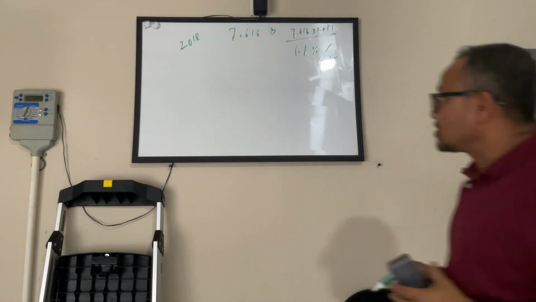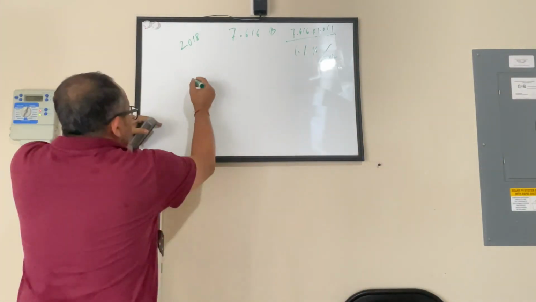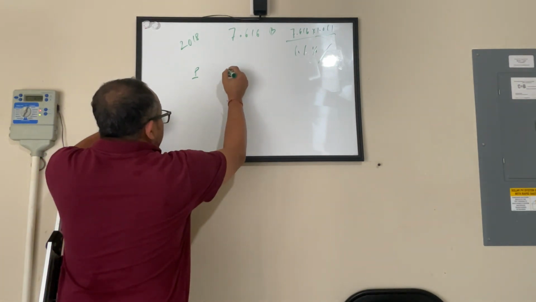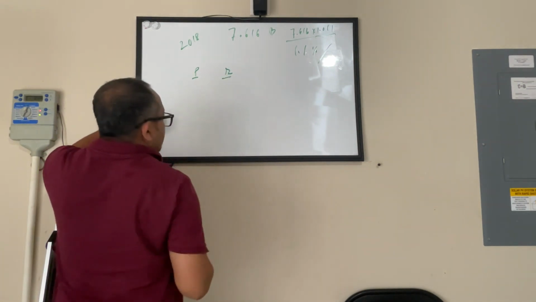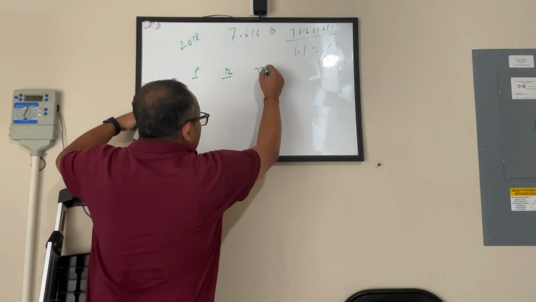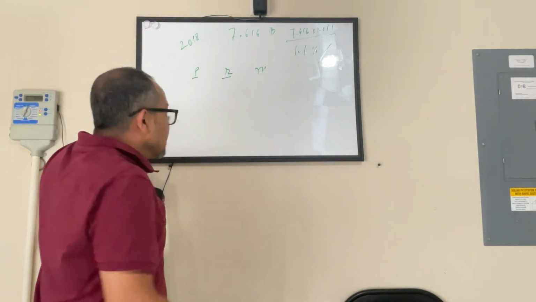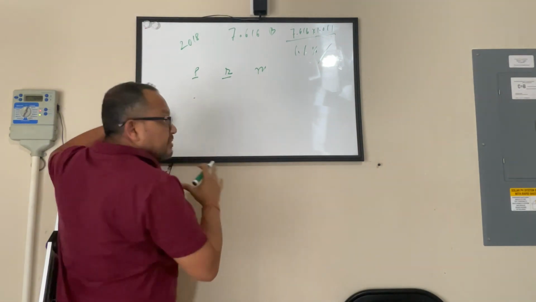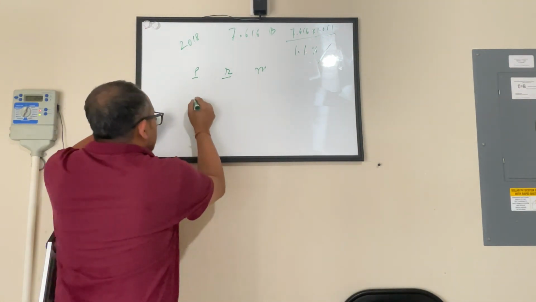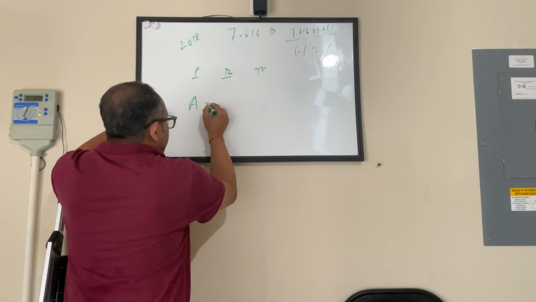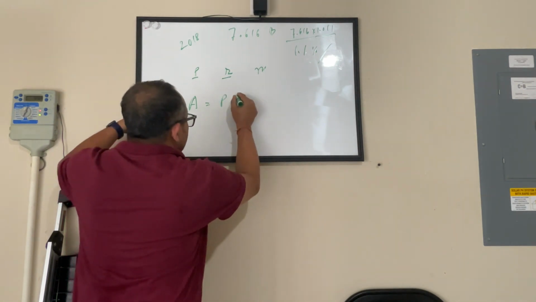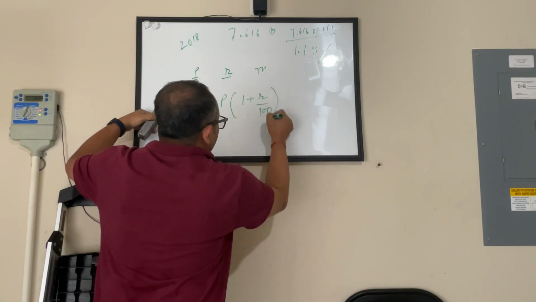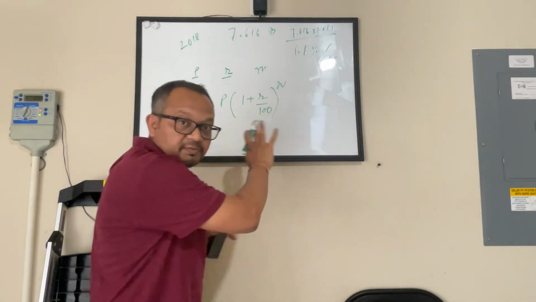When you talk about compound interest, let's say this is my principal amount today, P, and this is my rate of interest R, and I'm talking about n number of years. What is my revised value? If I call that A, A equals P into (1 plus R by 100) to the power n. This is the formula for compound interest, right?